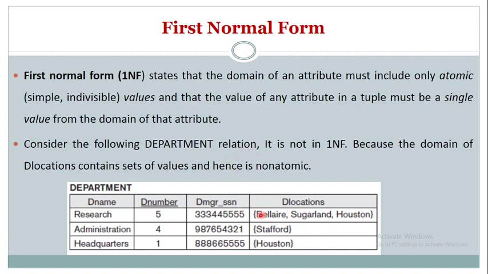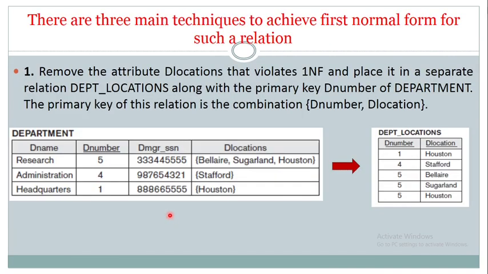Now the question is how to convert this table into first normal form. This is not in first normal form because the domain of an attribute should always be single. Here it has multiple values, so we need to convert it. There are three main techniques to achieve first normal form for this kind of relation.